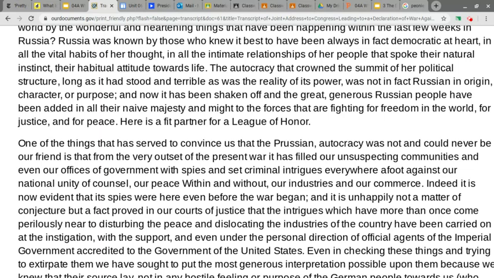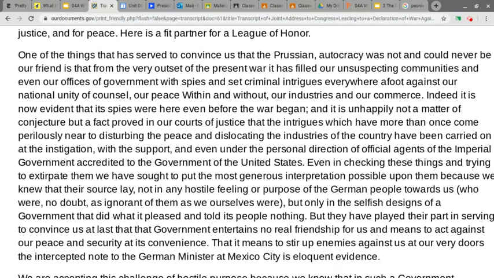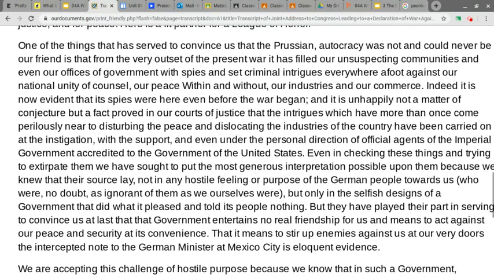One of the things that has served to convince us that the Prussian autocracy was not and could never be our friend, is that from the very outset of the present war, it has filled our unsuspecting communities and even our offices of government with spies and set criminal intrigues everywhere afoot against our national unity of counsel, our peace within and without, our industries and our commerce.